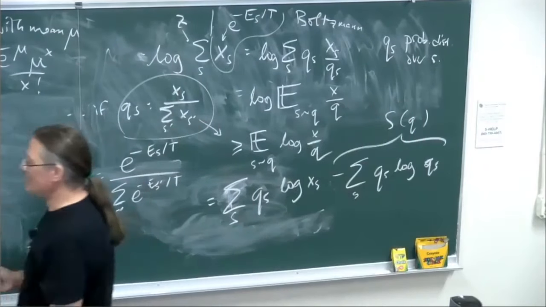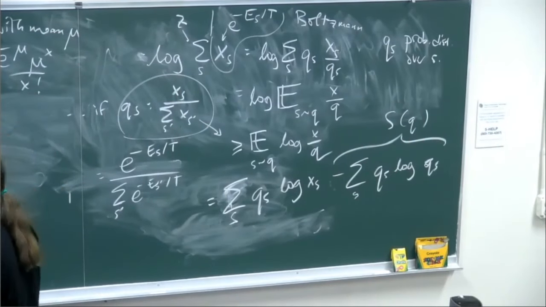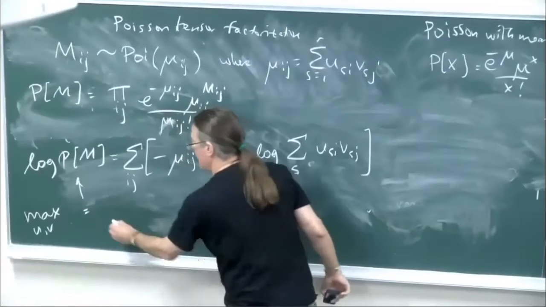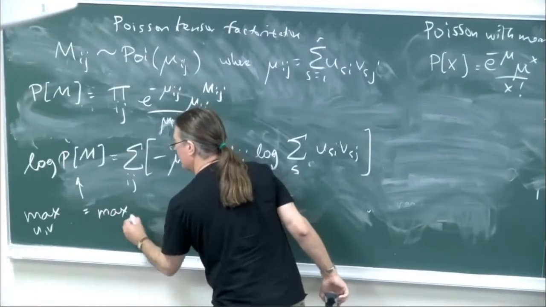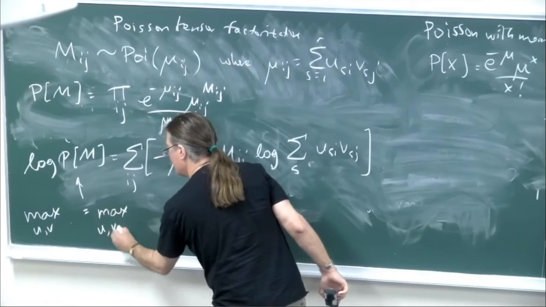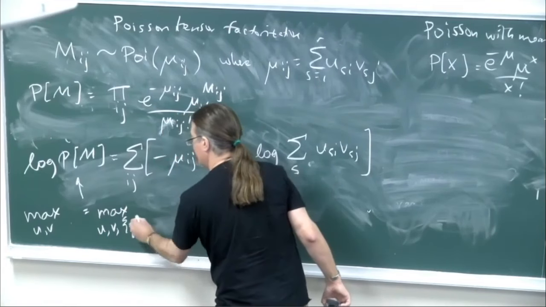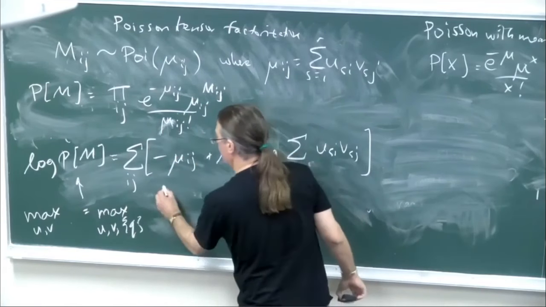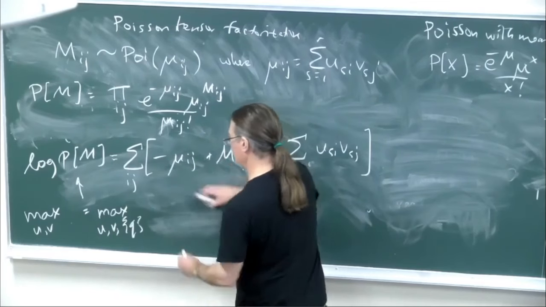Okay. What that means is that the maximum of this quantity over the u's and v's equals the maximum of a slightly more complicated quantity over u's, v's, and a bunch of distributions q. And we would still have this thing here.